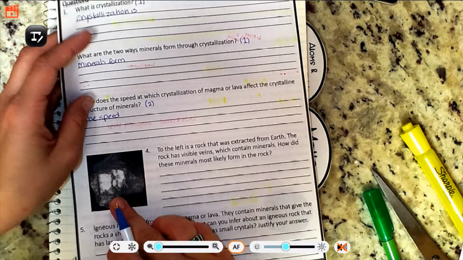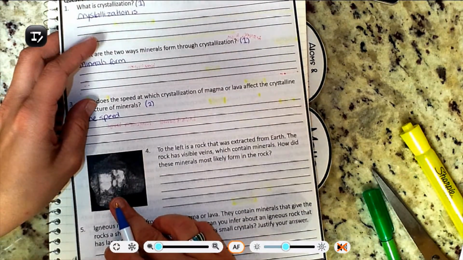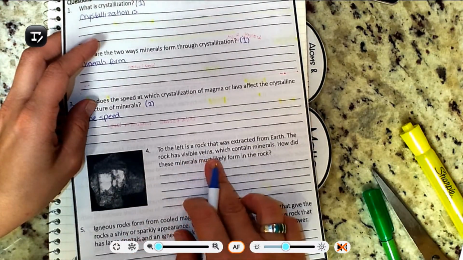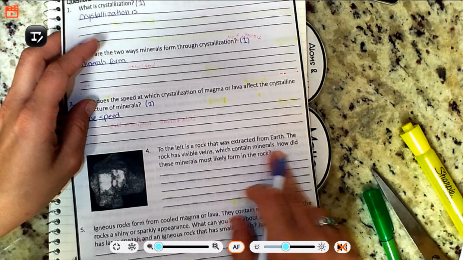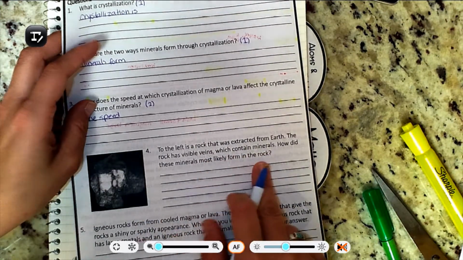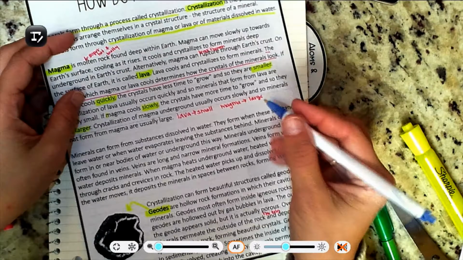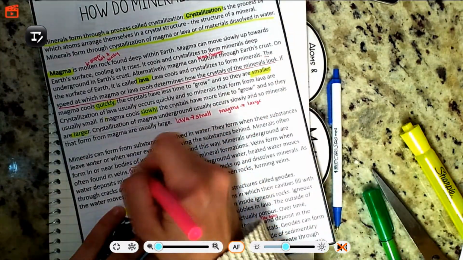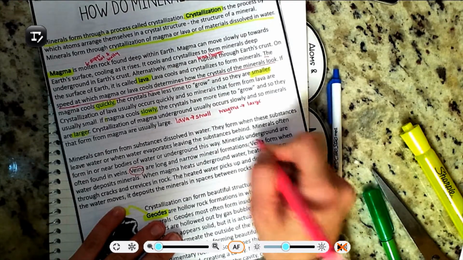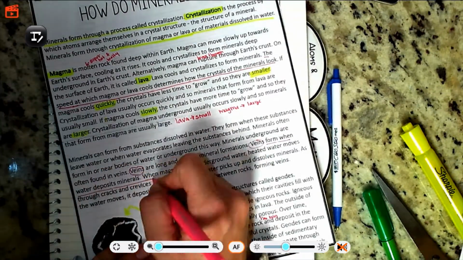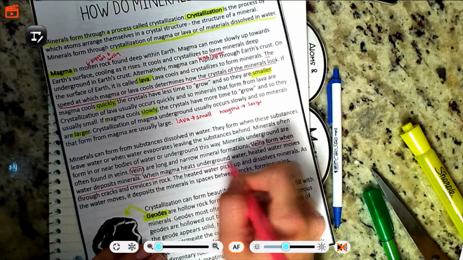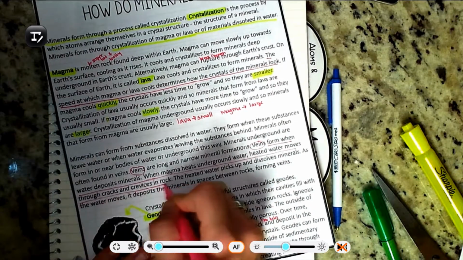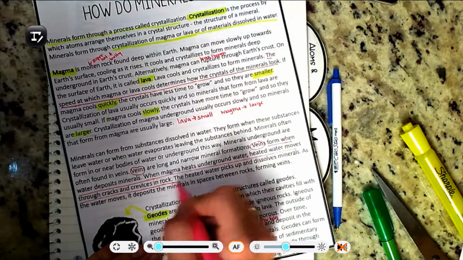Okay. To the left is a rock that was extracted from Earth. It has visible rock veins, which contain minerals. How do these minerals most likely form in the rock? So we heard about veins in paragraph 3.